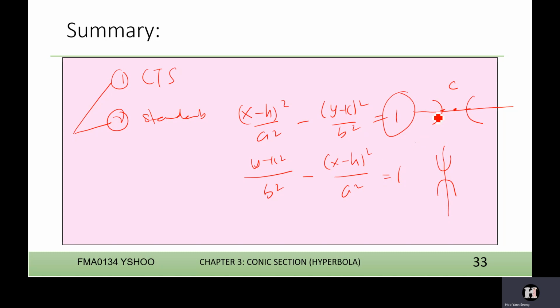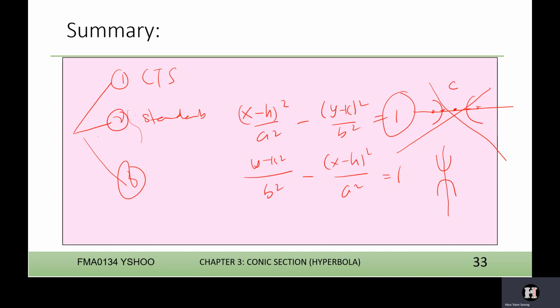Okay, then don't forget you have the foci. Then you have the asymptotes. Then one I never mentioned is the length of the latus rectum, so you just calculate following the formula. And then after the sketching, they give you the information and you change it back into the formula.